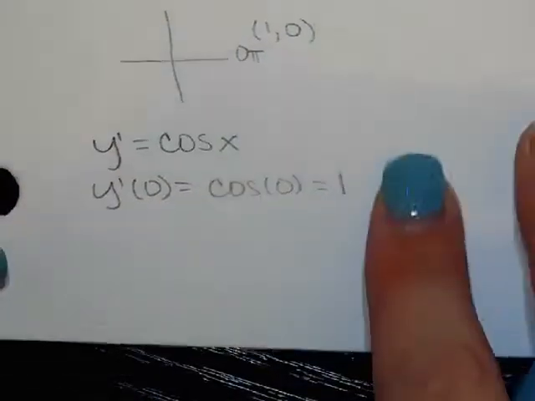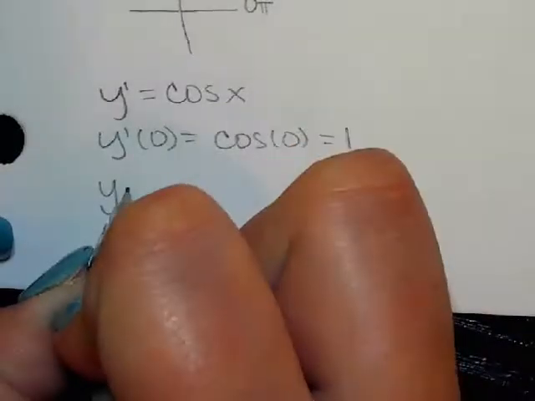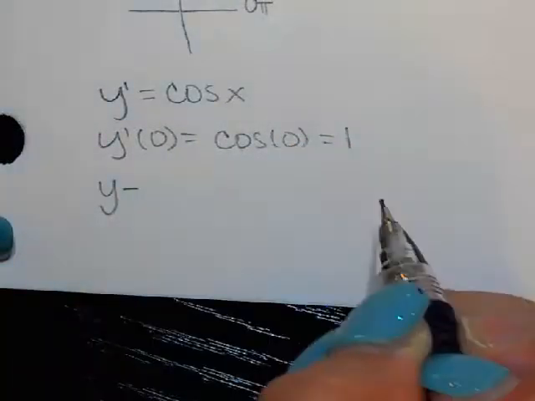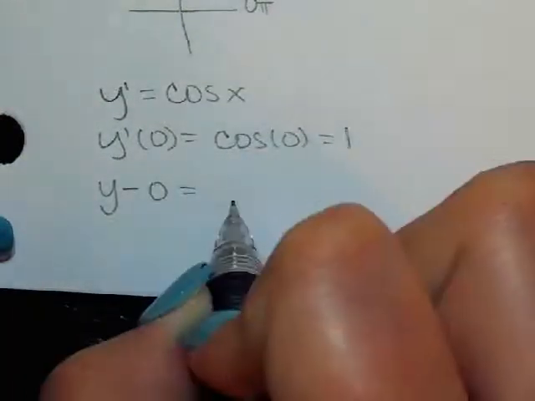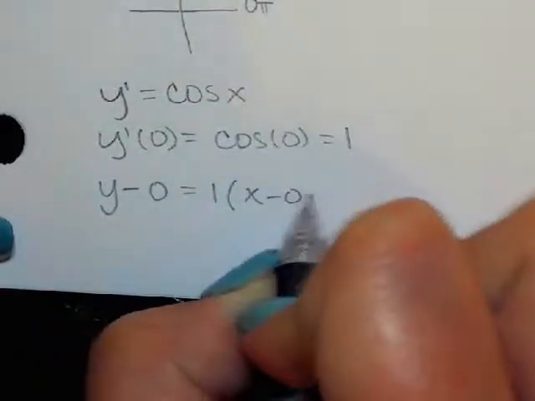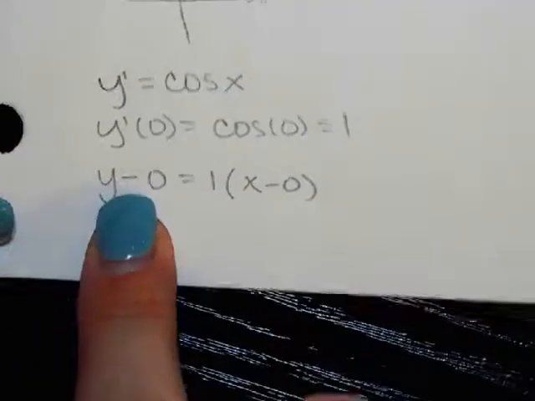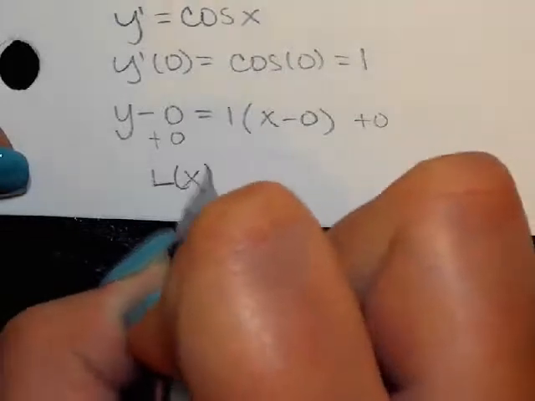So our tangent line is y minus 0 equals our slope times x, plus the 0 over. So L of x equals 1 times x.